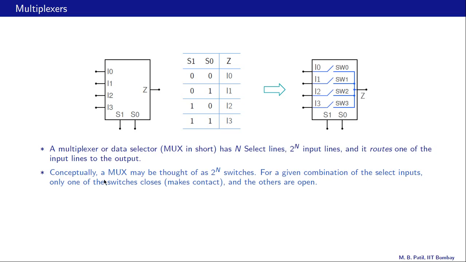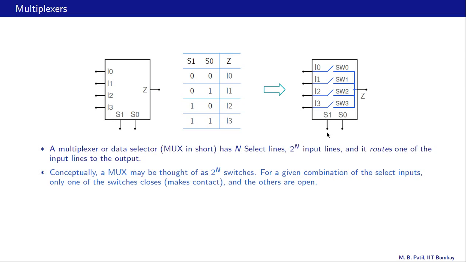Conceptually we can think of a MUX as 2 raised to n switches as shown here. For a given combination of the select inputs, only one of the switches closes, that is makes contact, and the others are open. So this is the conceptual diagram of a multiplexer.